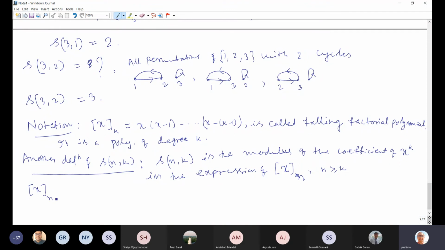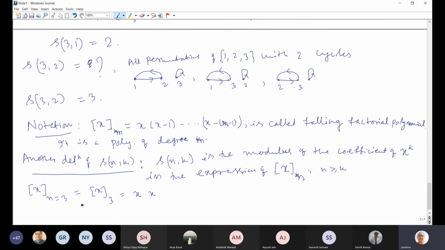I think I would have used some other letter, m, so as not to mix up with n and k, which we reserve for the Stirling number.